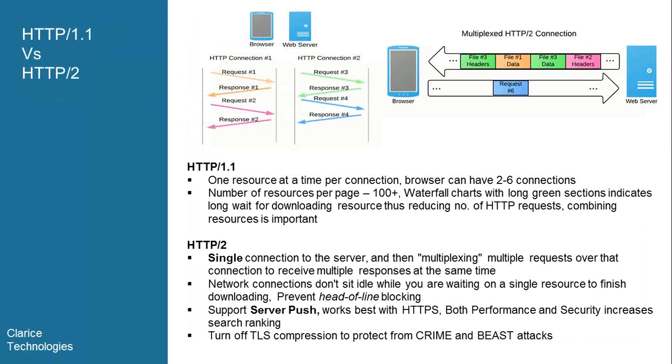After 6 connections, to load thousands of resources we still need time in seconds, not milliseconds. That's why in waterfall charts we often see long green sections which indicate a long wait for downloading resources.